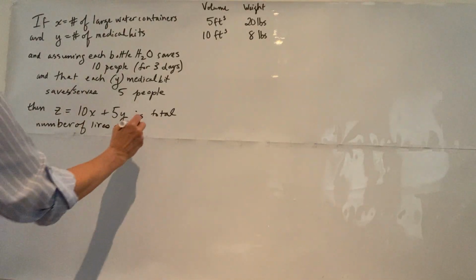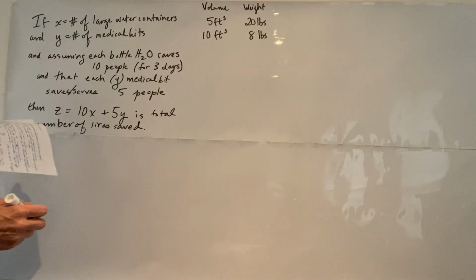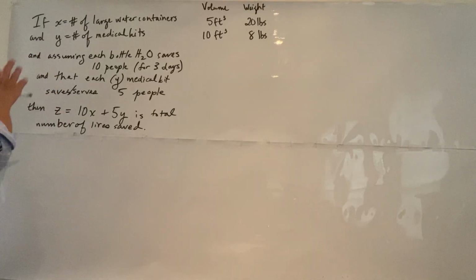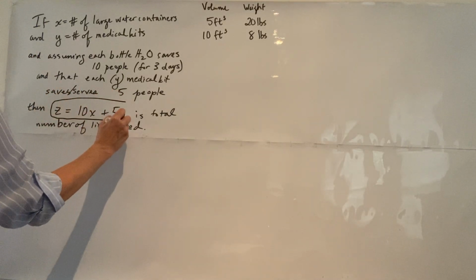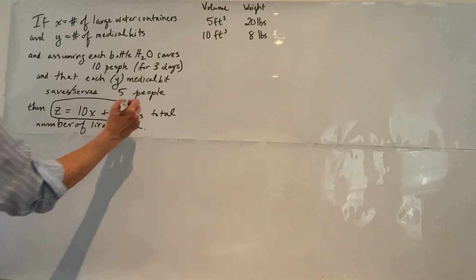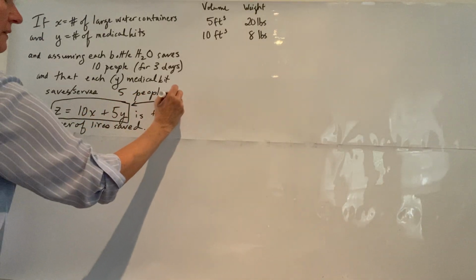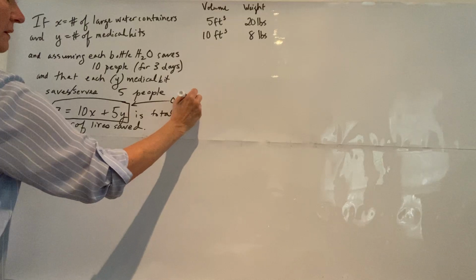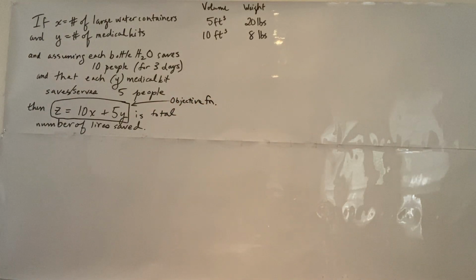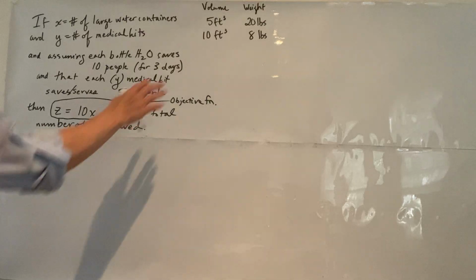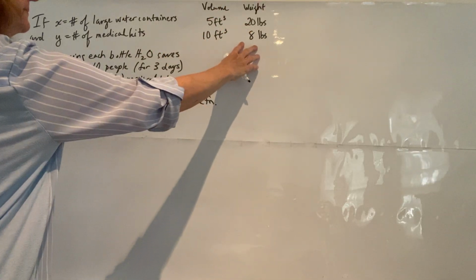All right, so that's turning the English into, this is called the objective function. Okay, and our objective is going to be to maximize the number of lives saved, right? Let's talk about these constraints.